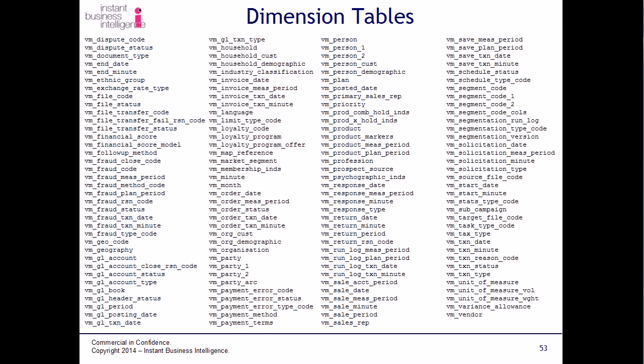Geocode, which includes geoeconomic coding and geography coding. Geography is down to postcode level, VM geography. Then GL accounts, we have the GL account, the GL account closed reason code, the GL account status, the account type, the book in the GL that the GL account code is in, the header status, the period, and dates associated, and then the GL transaction type.